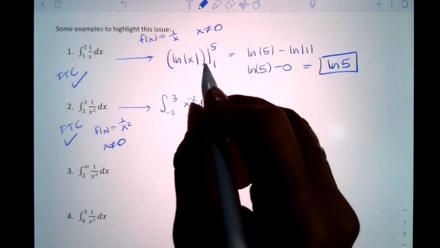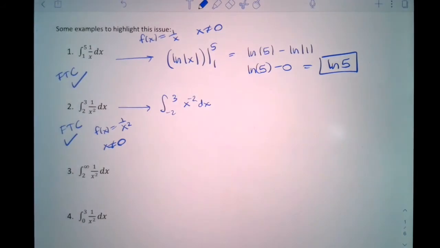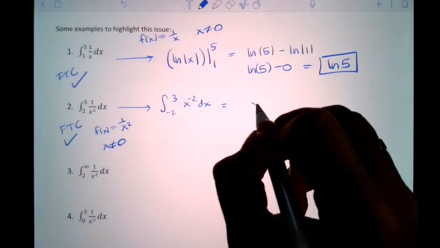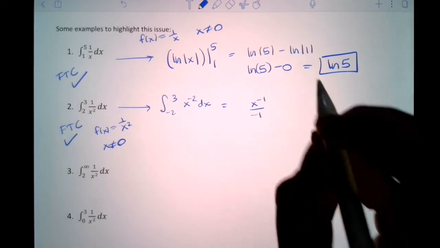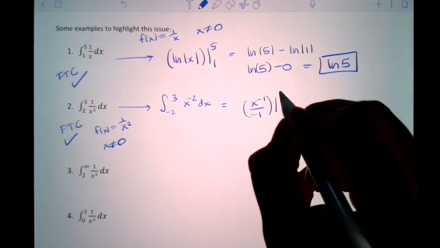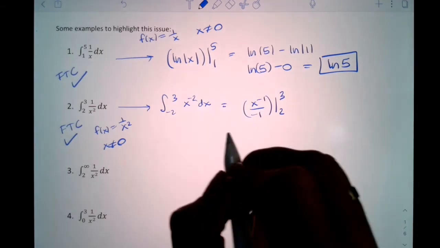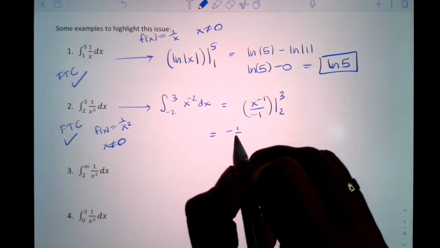And I just want to contrast that with what we had before. Before in number 1, we were using the log rule to evaluate that antiderivative. And here, this is a power rule. So I'm going to add 1 to the exponent, divide by my new exponent, and evaluate that at 3 and 2. I'm going to rearrange that to make it look better.